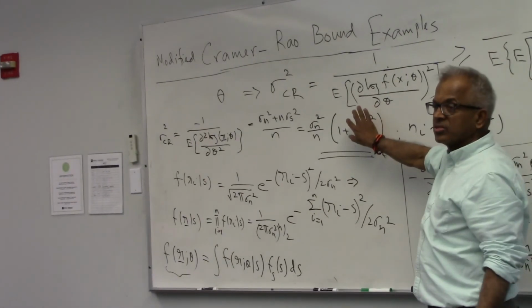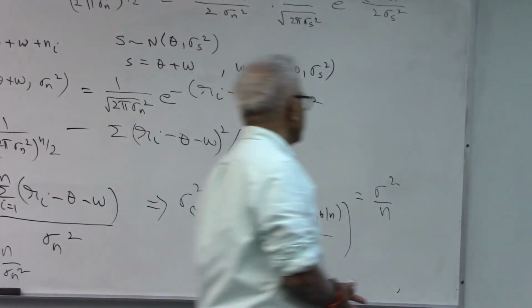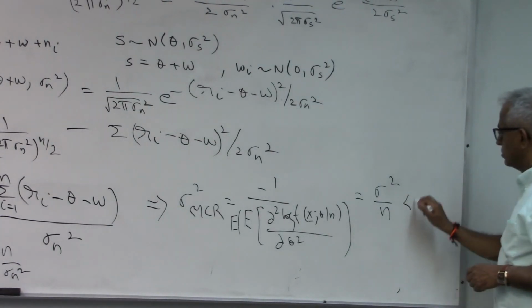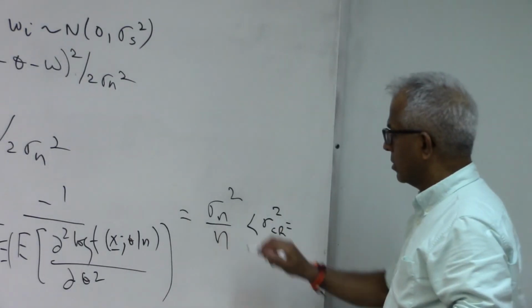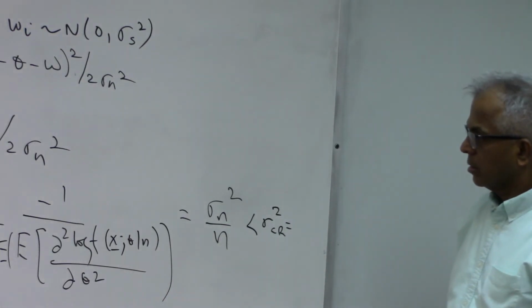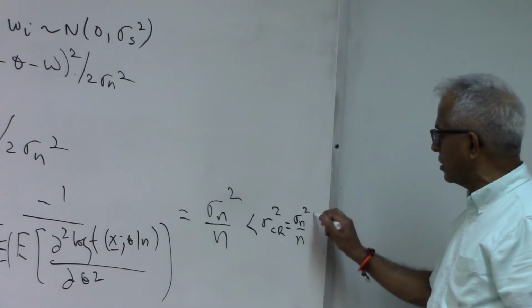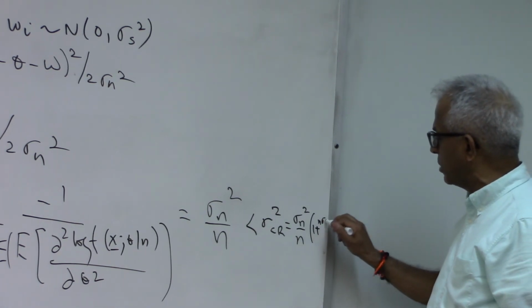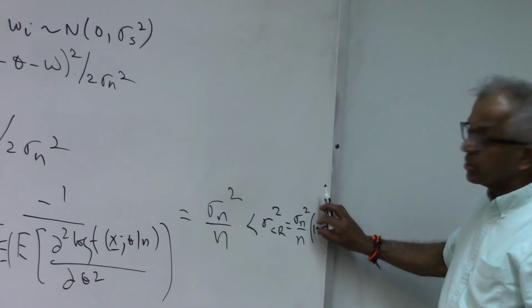So you are not going to guess this unless you go through all this. You can see this is smaller than the Cramer-Rao bound, which turned out to be sigma n squared over n times 1 plus something, n sigma s squared over sigma n squared. So you have more there.